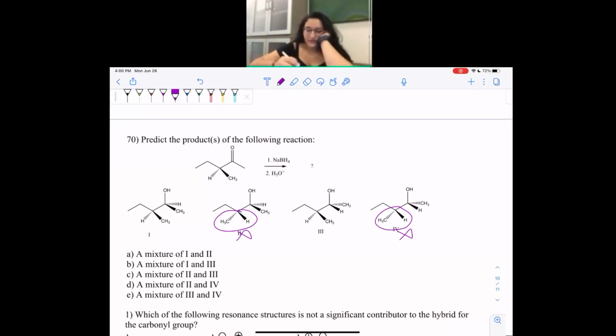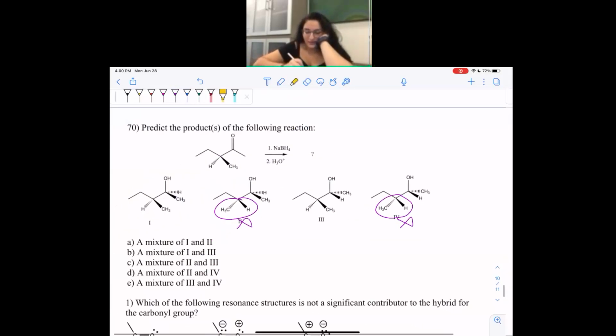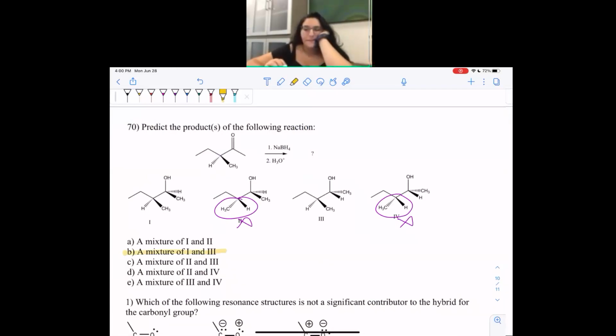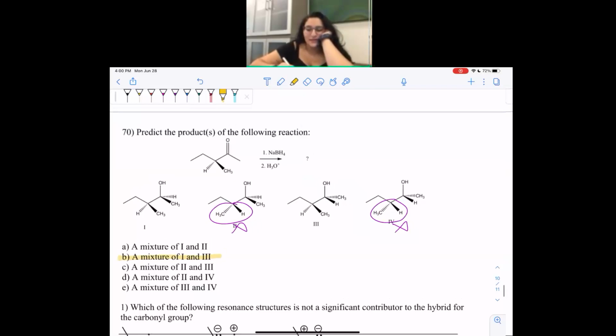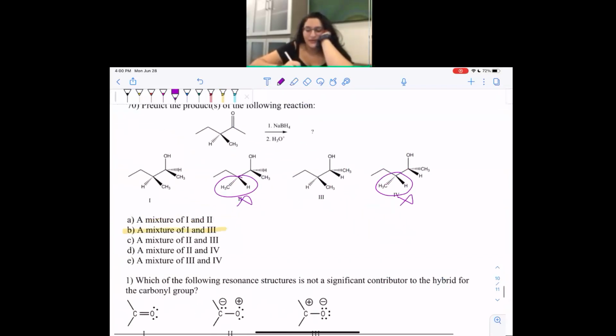And these two are just enantiomers of one another. You're going to get both enantiomers, so you get a mix of 1 and 3. So when you're doing this, make sure you look at the other carbon to make sure it wasn't changed. If it was changed, it's wrong.